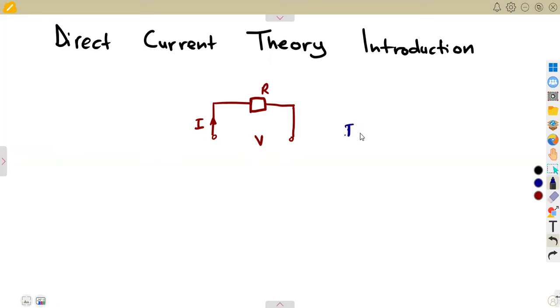The current is equal to the voltage over the resistance. We can also calculate the power across this resistive element, where power can be calculated from I squared times R.